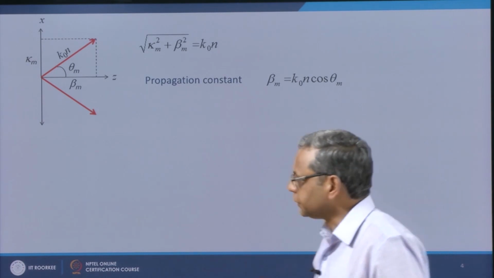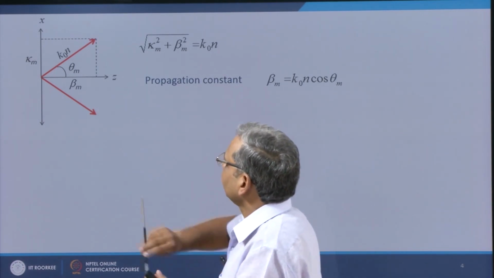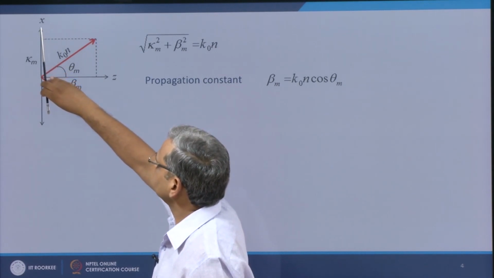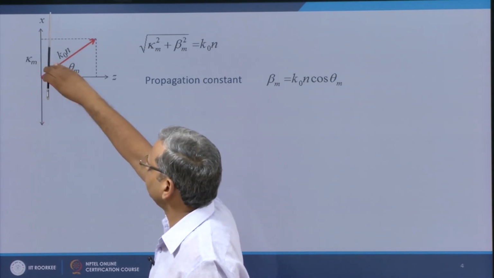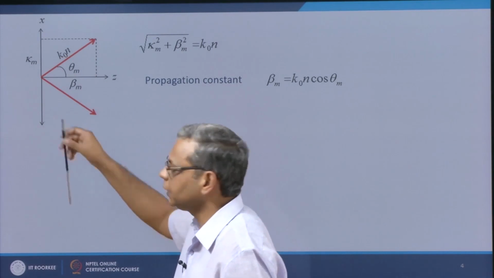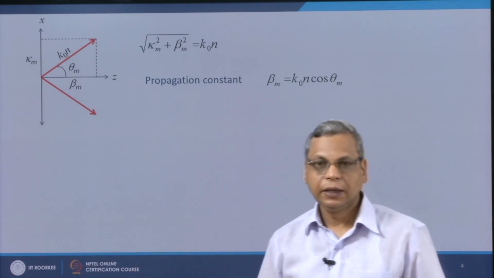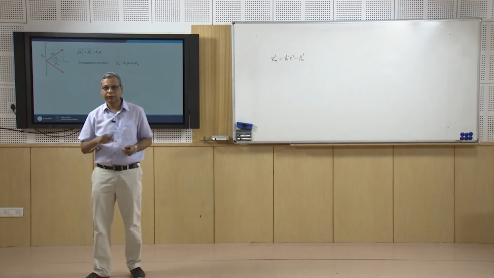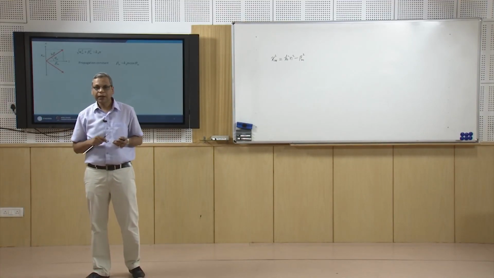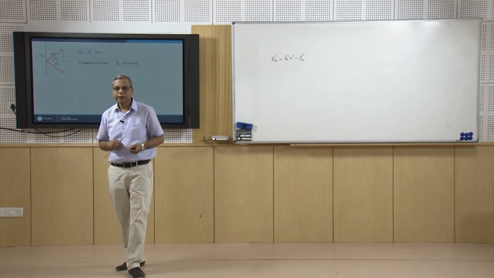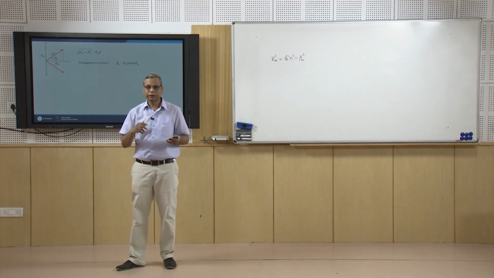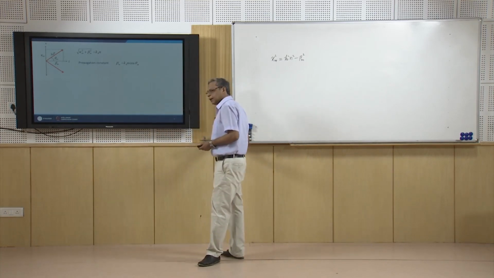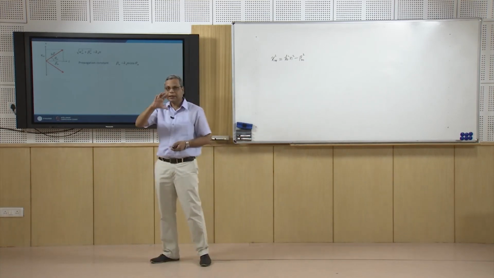Let us understand it. If I take the components in x direction, I have one wave going in positive x, another wave going in negative x, which means that in x direction I have two counter propagating waves, and when I have two counter propagating waves, they give you a standing wave solution. So, in x direction I have a standing wave.